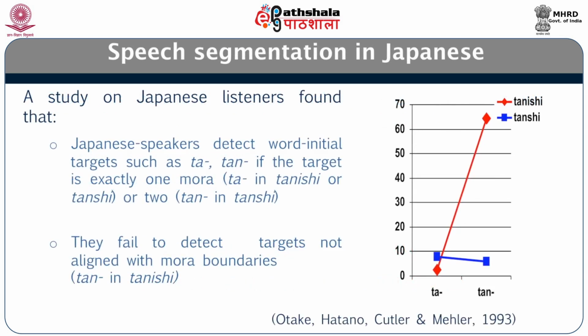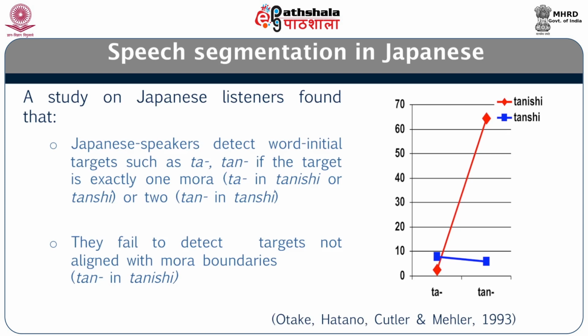They found that the Japanese could easily detect ta and tan if the target is exactly 1 mora. A word like tanshi has 3 moras, ta, n, and shi, and it has 2 syllables, tan and shi.